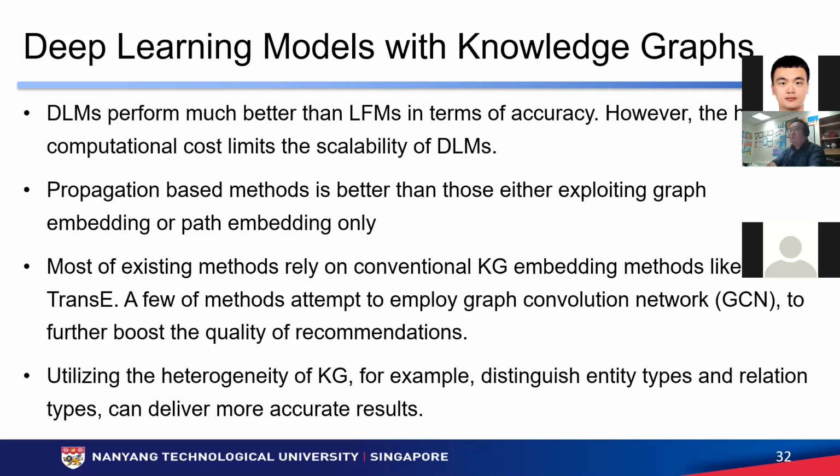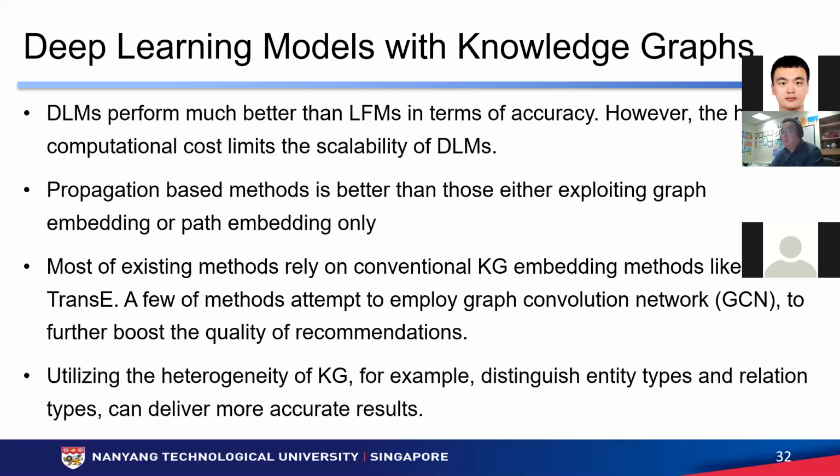So there are some conclusions from all the deep learning models with knowledge graph. First of all, and this is not surprising, the deep learning models with knowledge graph can perform much better than the latent factor models in terms of accuracy, but it comes at the cost of computational power, efficiency and scalability, because deep learning models tend to have a high computational cost and limited scalability.